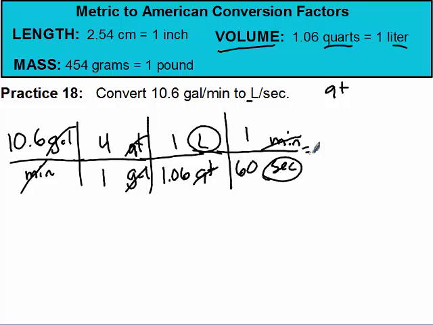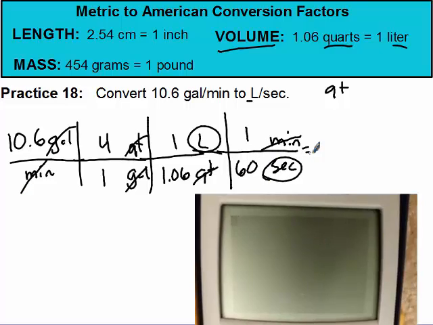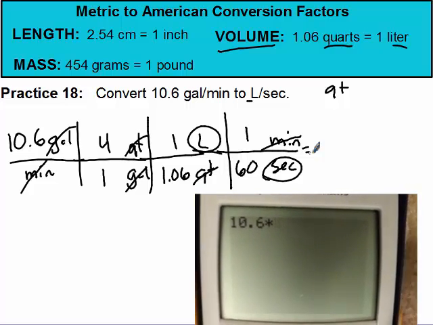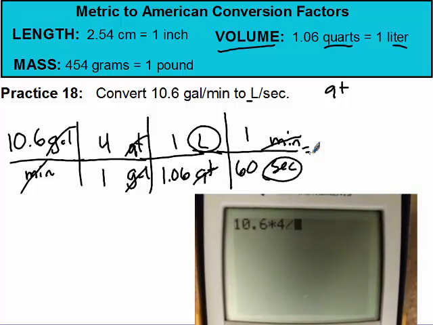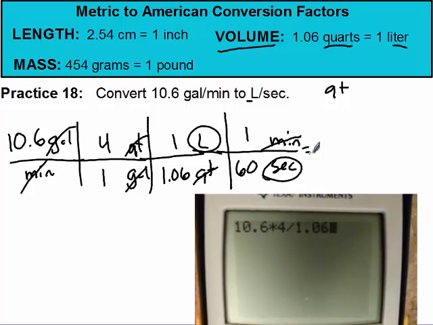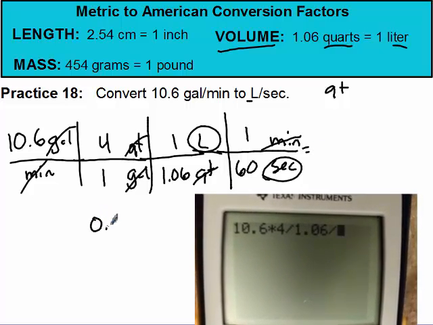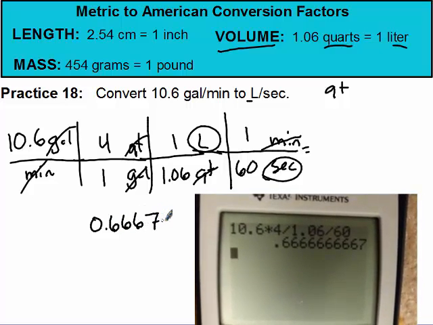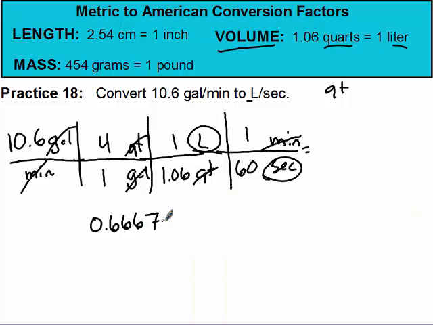And now we have liters per second. We want 3 significant figures, so that's 0.667 liters per second.